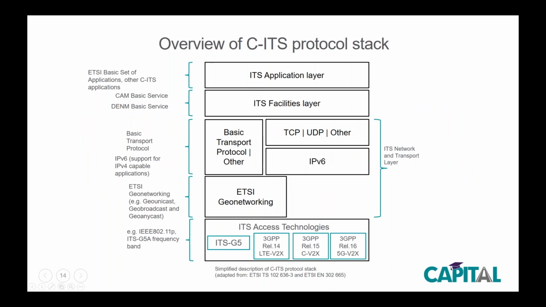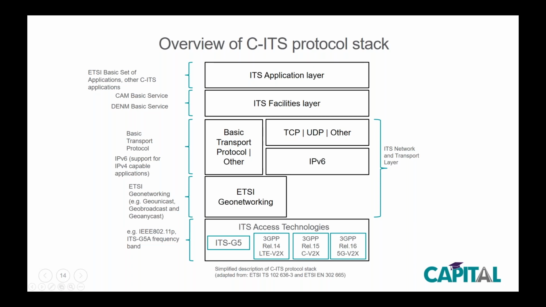Then we can look at how C-ITS will actually be implemented, so how it will be realized. On this slide you can see an overview of the C-ITS protocol stack. At the bottom you can see the ITS access technologies.